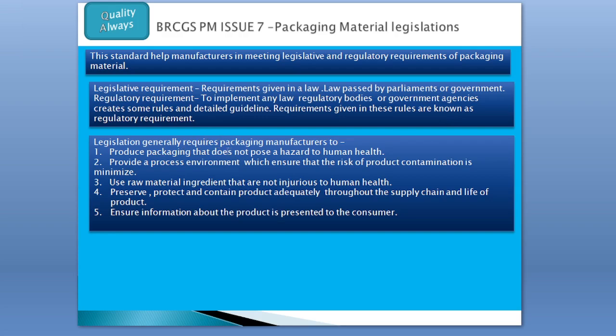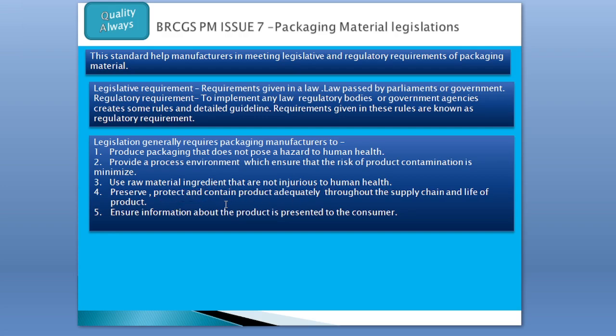Legislation generally requires the packaging material manufacturer to produce packaging that does not pose any hazard to human health, provide a process environment which ensures that the risk of product contamination is minimized, and use raw materials and ingredients that are not injurious to human health.